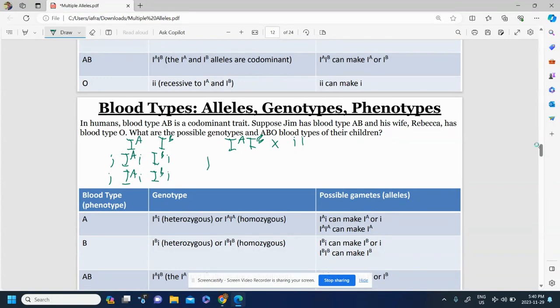Well, we have a 1-to-1 IAi to 1 IBi. And that basically means we have a 1 type A to 1 type B ratio. So we have type A and type B blood. That's possible from a cross between IA, IB, and little i, little i.